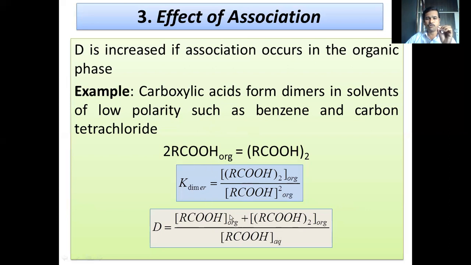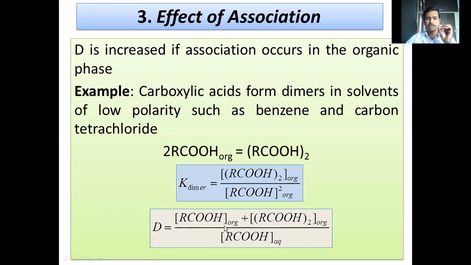Free form is RCOOH and the dimer form is (RCOOH)2. So the D value is the total concentration of the analyte in the organic phase to the total concentration of the analyte in the aqueous phase, provided you have maintained suitable experimental conditions such as pH, so the carboxylic acid has not undergone any dissociation and its original state has been maintained.